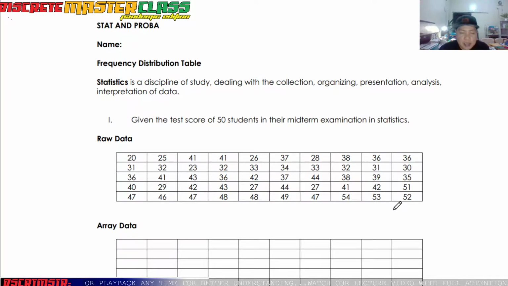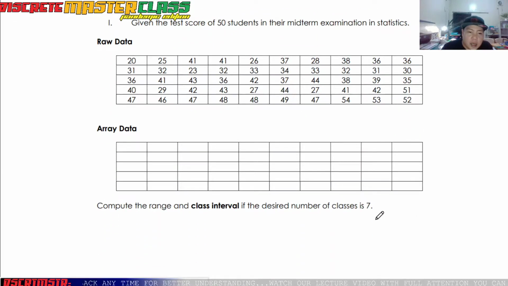Basta naka-arrange siya. For your own convenience yon. Okay? Hindi ko na nilagay dito yung arrangement ko, pero ang highest observation ko or yung pinakamataas na score ay 54. Let's say I'm arranging the scores from highest to lowest.